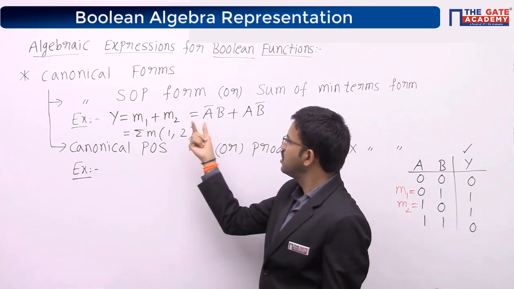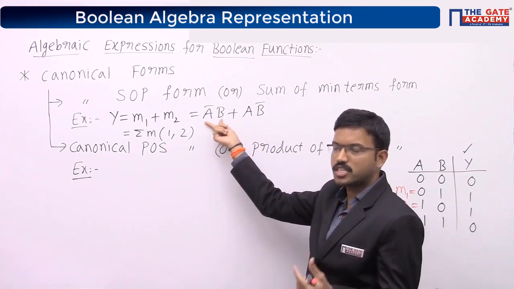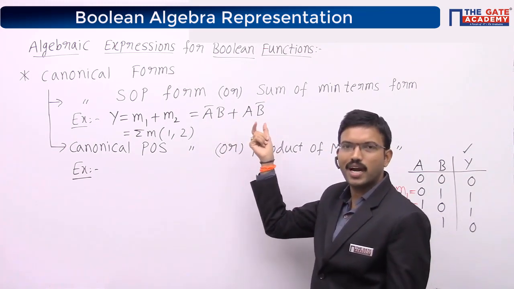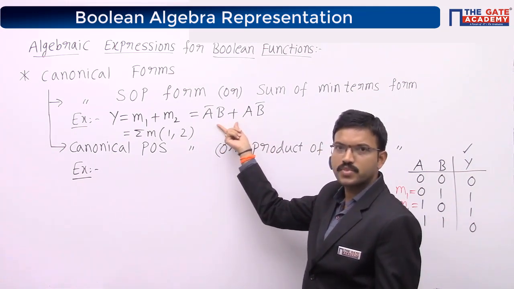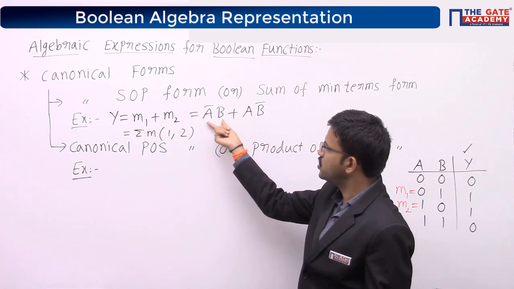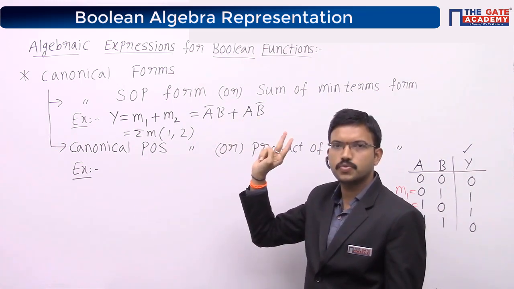Here if you observe, we are having 2 product terms. A bar B is one product term. Similarly, A B bar is another product term. These product terms are summed together. In each product term, the number of literals is 2, and the number of given variables is 2.